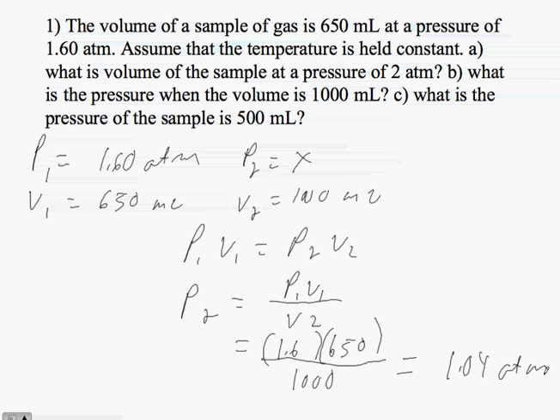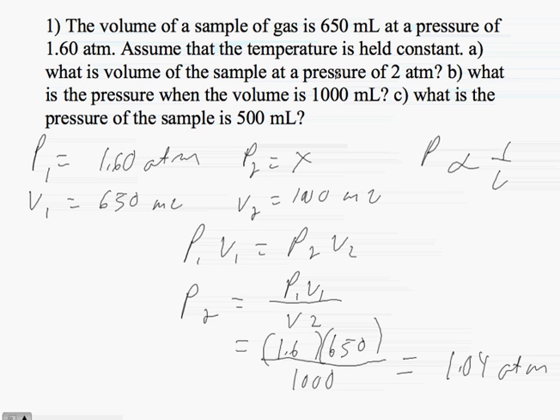So again, let's see if our answer makes sense. We're saying that pressure is inversely proportional to volume. If I have 1,000 milliliters, it says what is the pressure when the volume is 1,000 milliliters. So my volume is increasing.